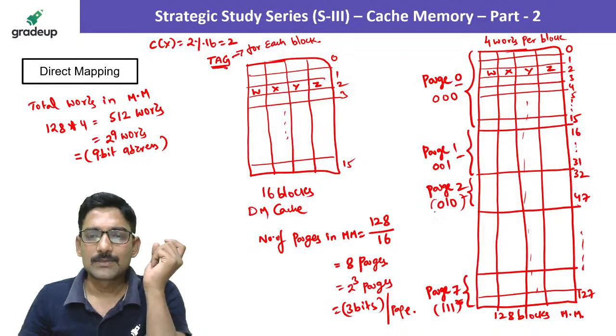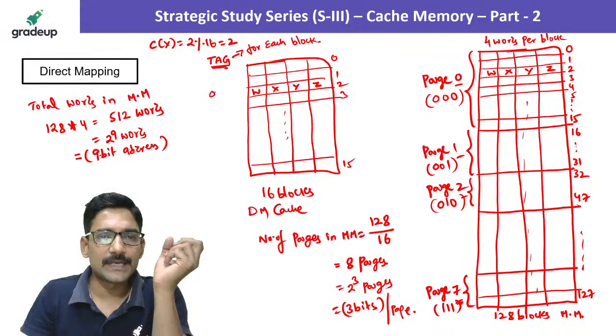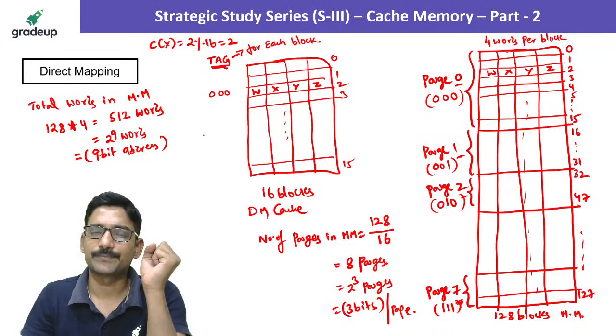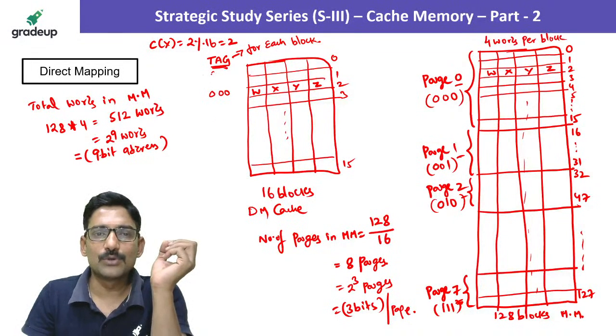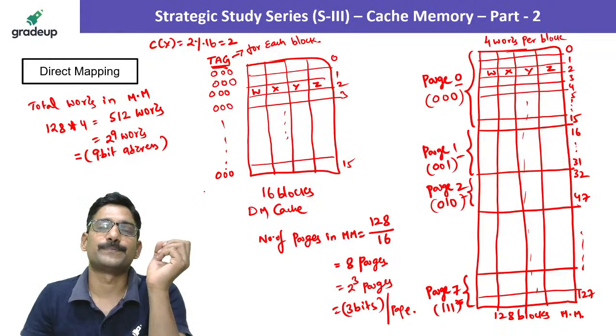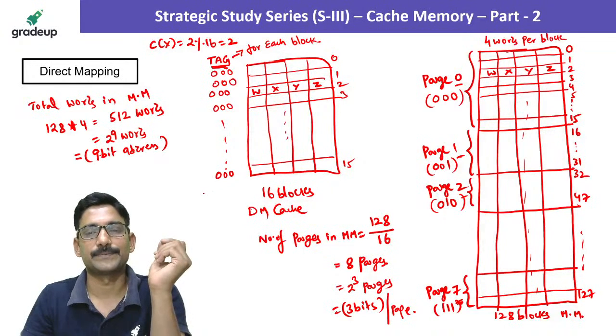So from which page is word X copied? Page 0. That is maintained as a tag by the DM cache. Will it maintain it only for block 2? No. The DM cache speciality is it maintains the same tag for all the blocks.